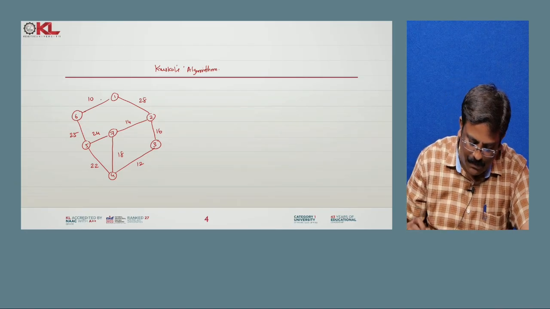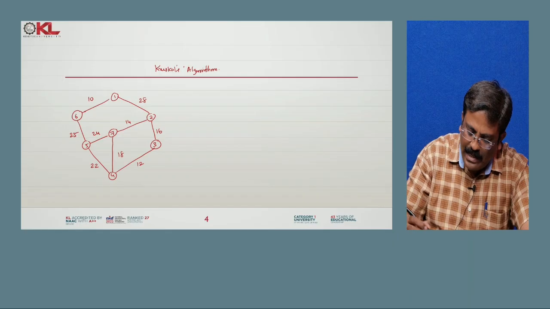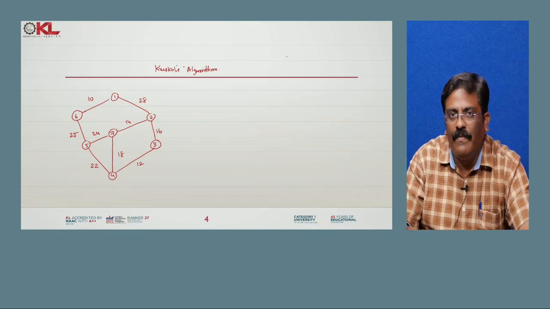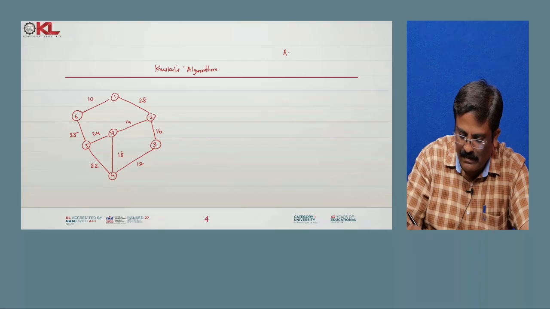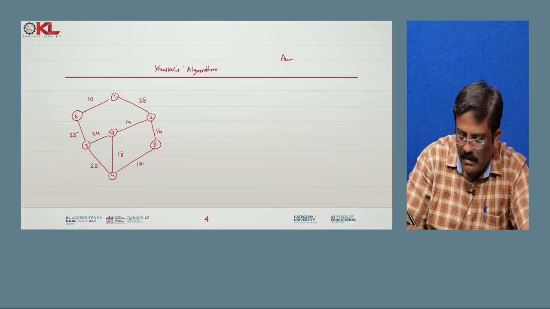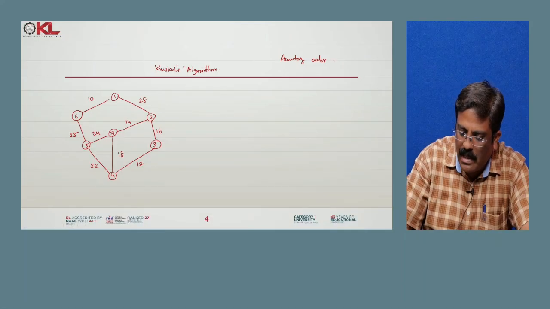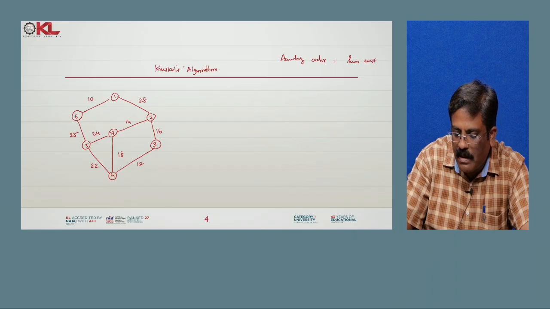So how is it going to be formed? What Kruskal says is that you arrange all your weights in ascending order. That means he asks you to arrange from the lower weight edges to the higher weight edges.